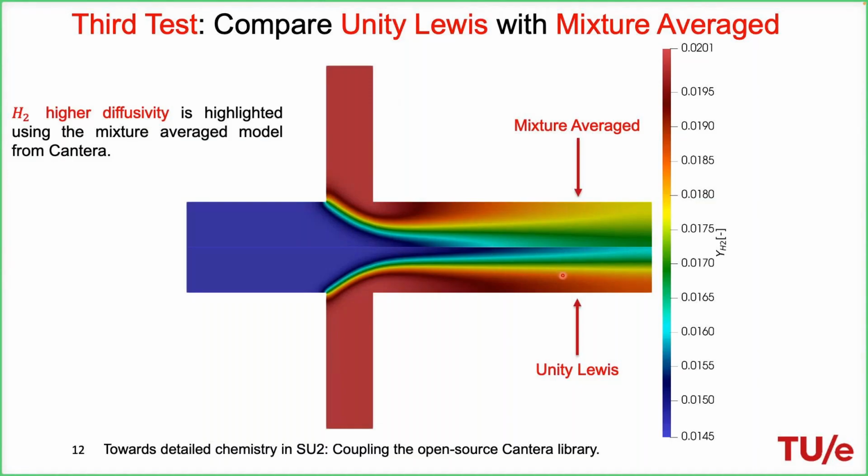This is because the unity Lewis assumes that the diffusivity of all the species is the same, and here the mixture average highlights the fact that hydrogen has a higher diffusivity. So using the mixture model from Cantera, we should expect better results than using the unity Lewis. So this is a good output from Cantera.